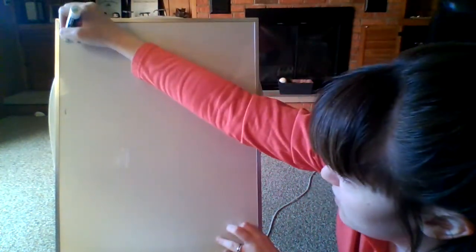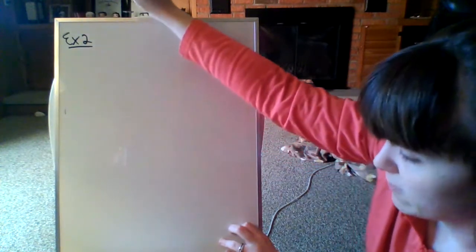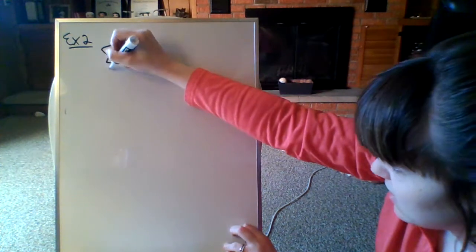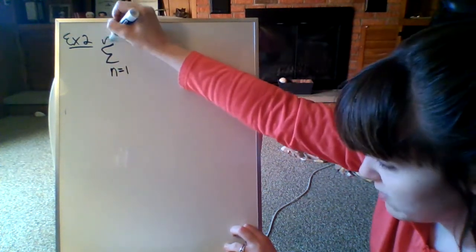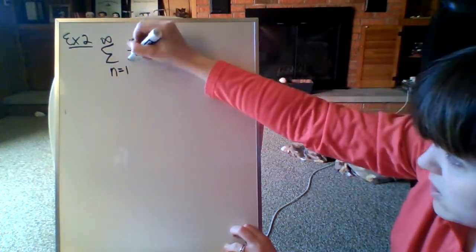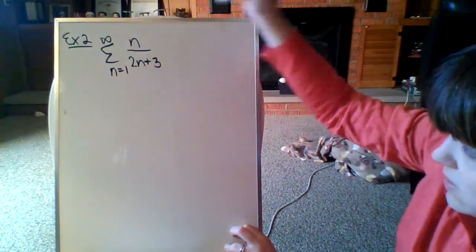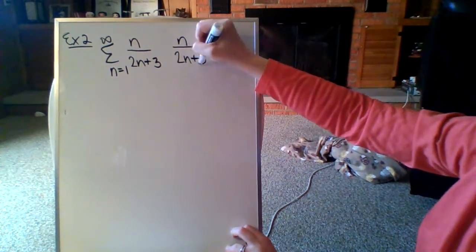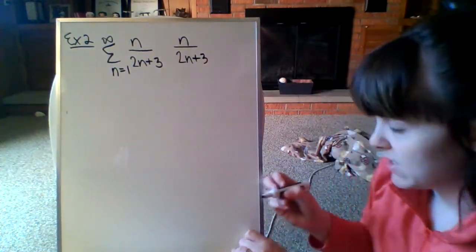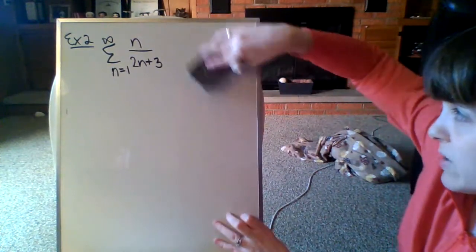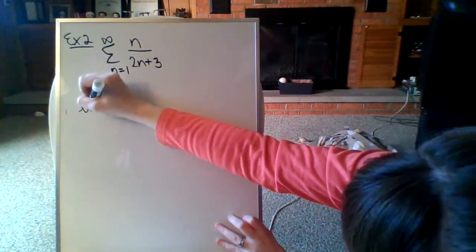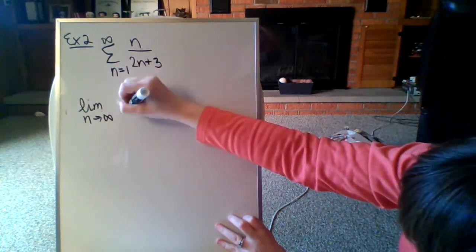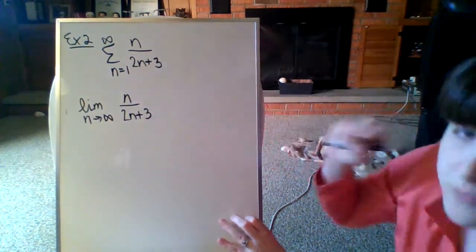Alright, example 2. We have the series n equals 1 all the way up to infinity, and we have n over 2n plus 3. We're focused on this n over 2n plus 3, and we're trying to find the limit as n approaches infinity. So the limit as n approaches infinity of n over 2n plus 3.